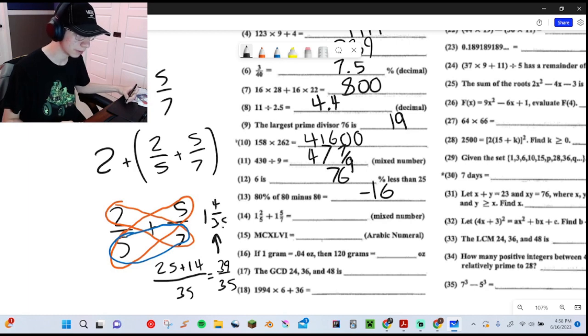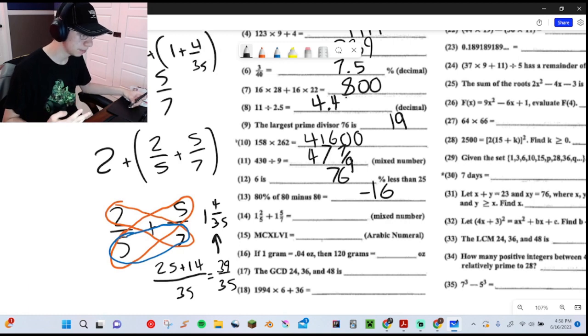This is just 1 and 4 over 35. So it's like I have 2 plus 1 plus 4 over 35. As a mixed number, that's just going to be 3 and 4 over 35.